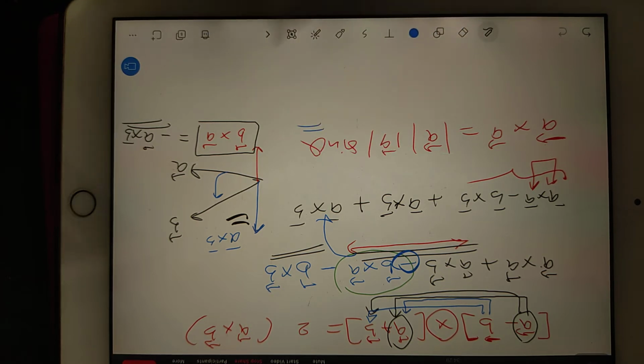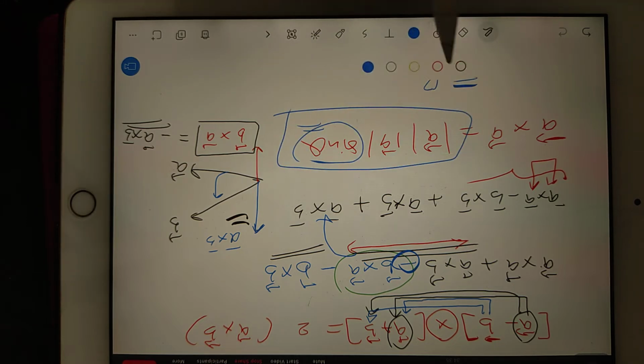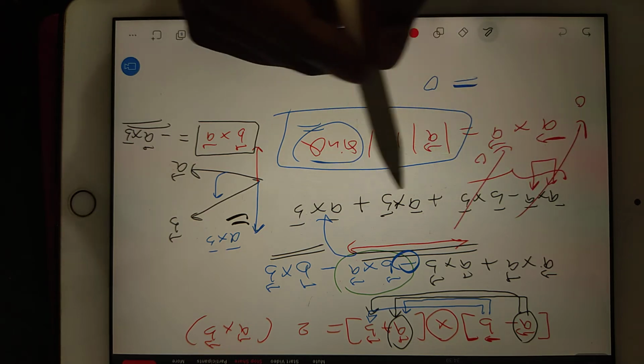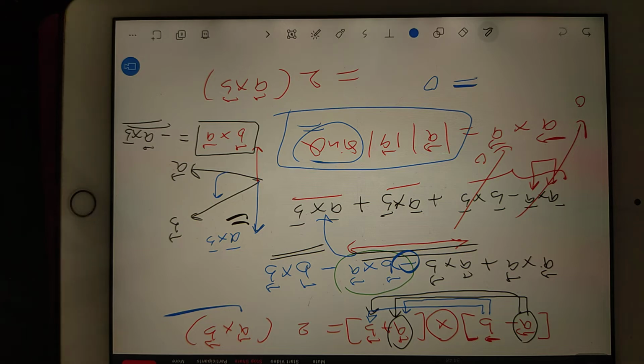So what is the angle between a and a? 0 only, because they are the same vectors. So sine 0 is 0, that's why the entire multiplication goes to 0. So according to this concept, this goes 0, this goes 0, and here you add them, and finally you get 2 times a cross b. So you say that hence proved.